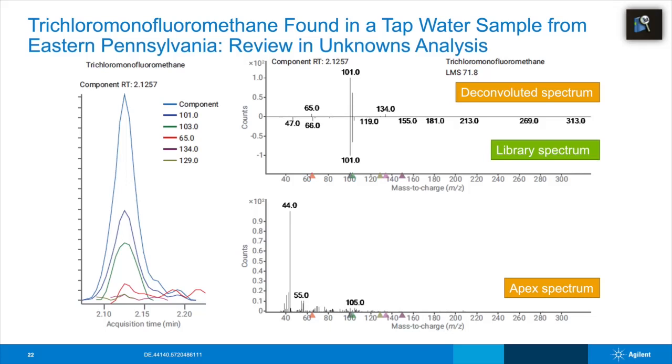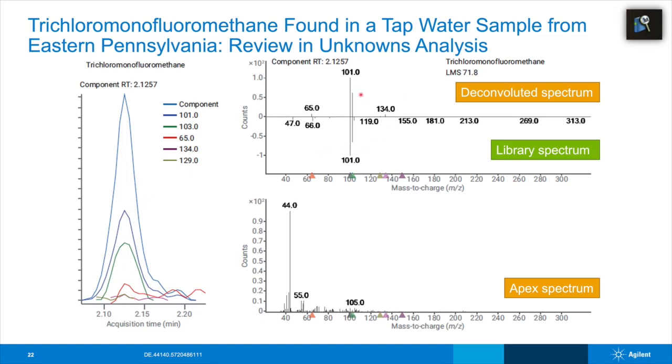You don't often see this compound in purge and trap samples, at least I haven't. Here's the overlay of the ions from the spectrum, and as you can see, some of these are down very close to or into the noise, but that's because it's such a low level.